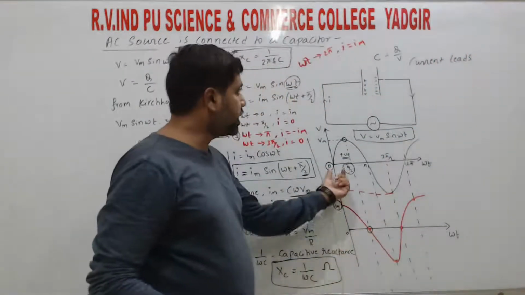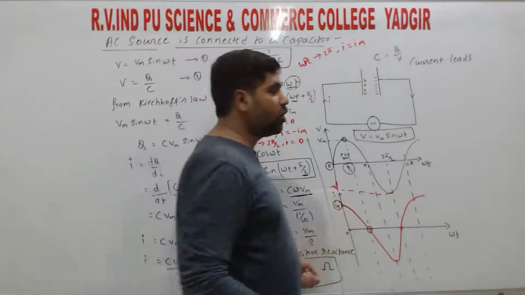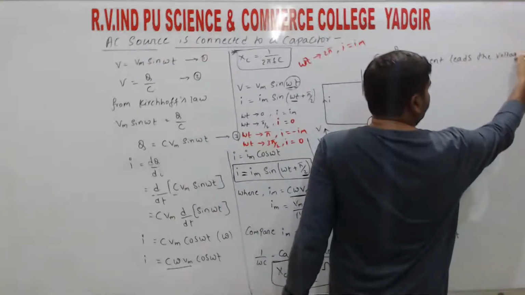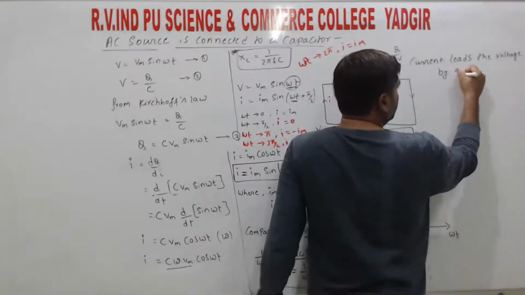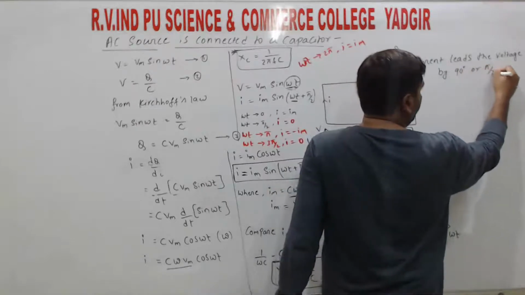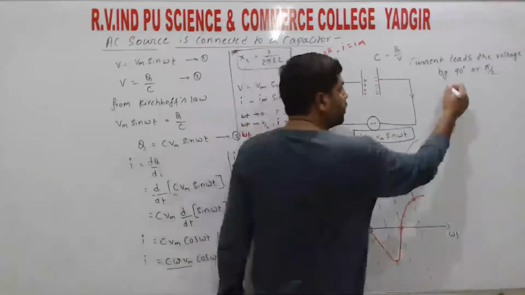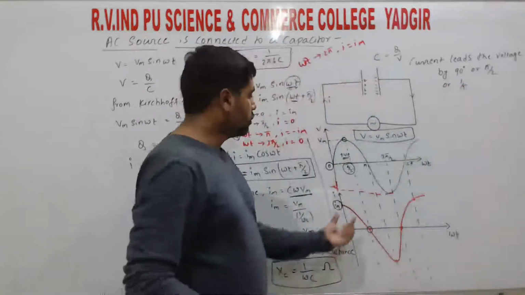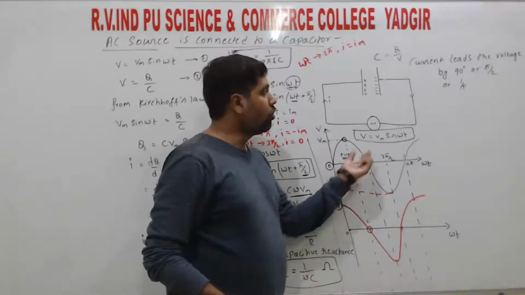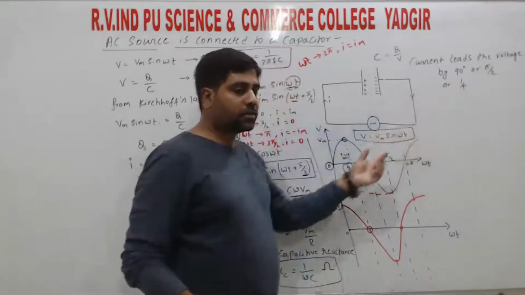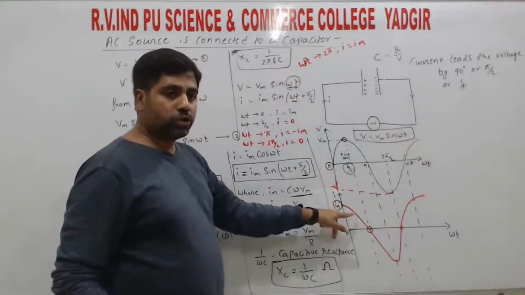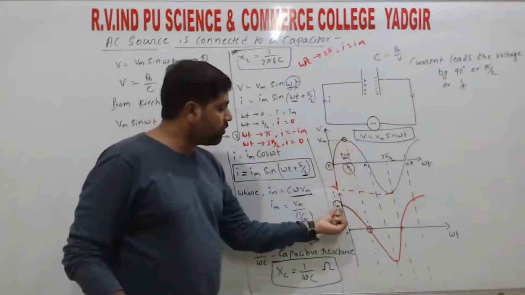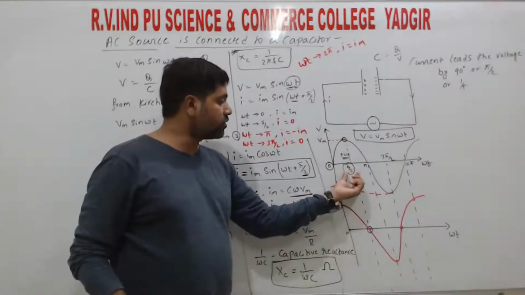So current leads the voltage by 90 degrees, or pi by 2, or in terms of time period, 1 by t. So in 1 by t time, the current is ahead of the voltage. That means before the voltage reaches its maximum value, the current reaches its maximum. That is the difference, pi by 2.